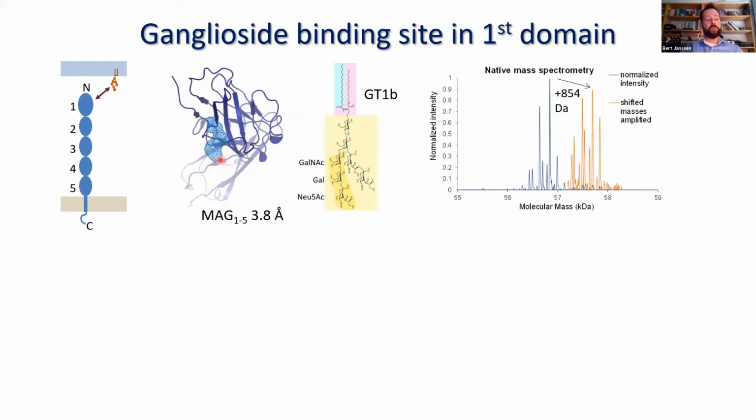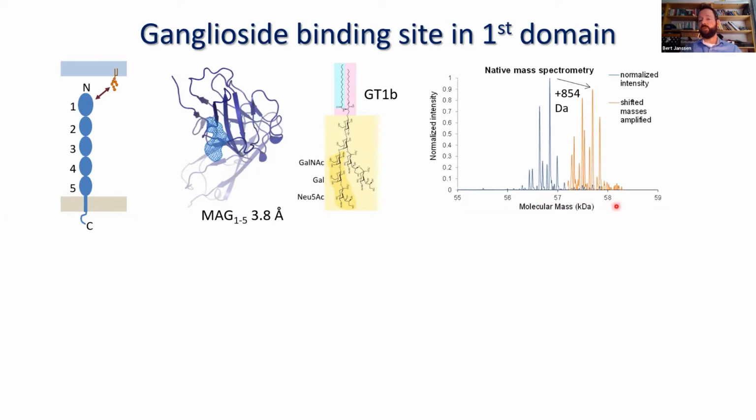And so probably the MAG molecule had something bound from the expression medium, which stayed attached during the purification and during the crystallization. So we teamed up with the mass spectrometry group, with Joost Snijder and Albert Heck, to see what kind of molecule that could be.